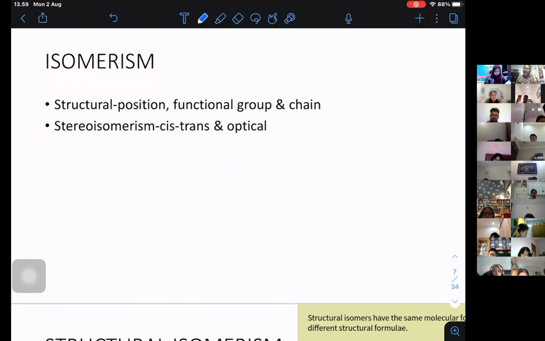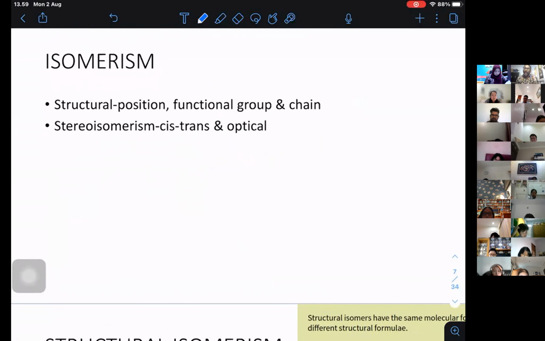So you can see that they have the same molecular formula, but they have different structural formula. You can see the structure itself, and the important part over here is the functional group. What is the functional group? This one is an aldehyde, and this one is a ketone. It's totally different in terms of functional group. They have different chemical reactions. So this is one example of what we call structural isomerism, under functional group isomerism.